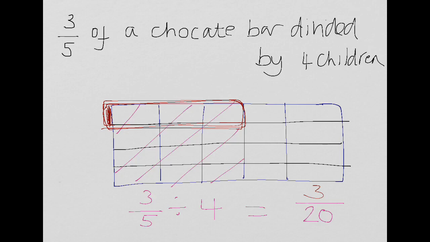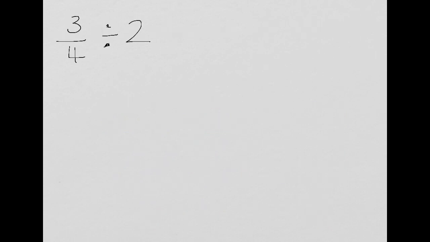Now, you've watched this one. The next one, I would suggest that we draw it out together so that you have that representation in your practicing. So our next example is 3/4 divided by 2. So we're going to start by you writing this question out, and we're going to draw a bar for 3/4.